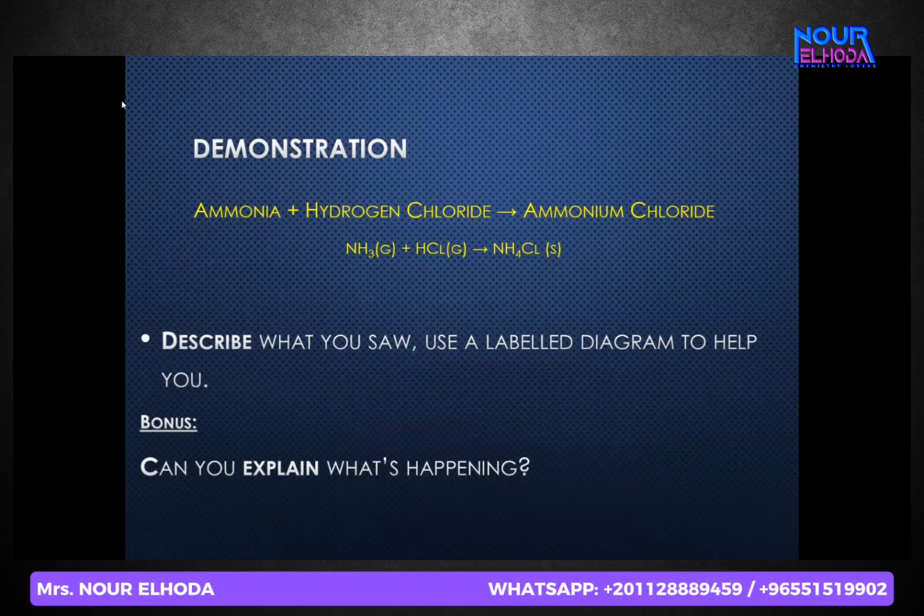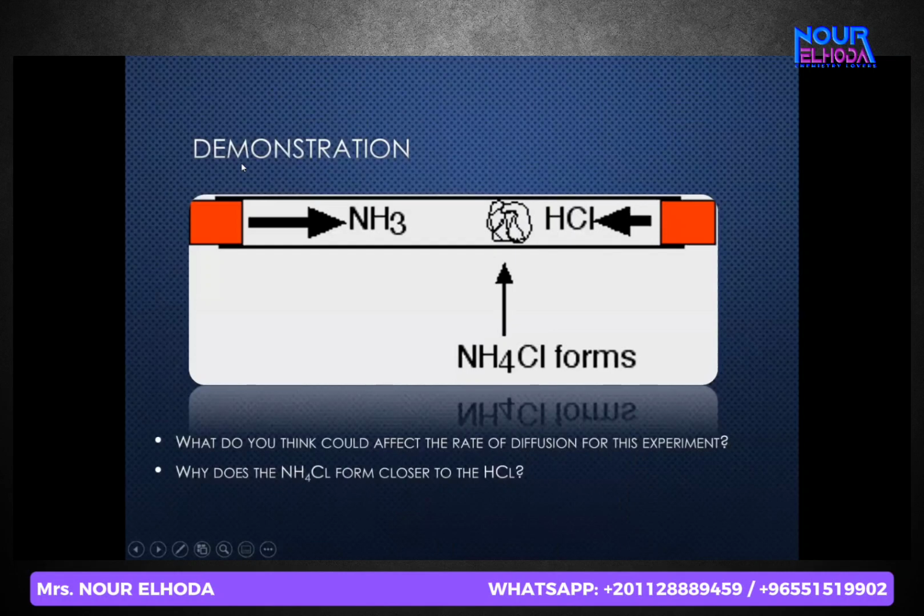What I'm going to do, check with me. I'm going to get, as you see here, a tube, and I'm going to get two pieces of cotton. One of them is filled with ammonia, the other one filled with HCl.